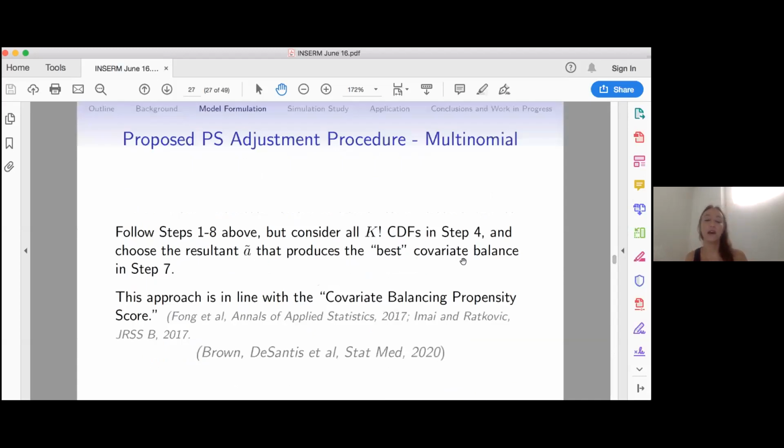And this may sound a little bit ad hoc, but it's actually not. The approach is in line with some of what experts in the field do recommend in other settings. It's called the Covariate Balancing Propensity Score. A lot of these authors simply recommend search techniques to find the propensity score that best balances your confounders across treatment groups, because that's your goal.